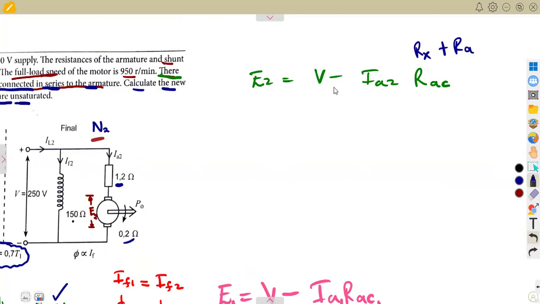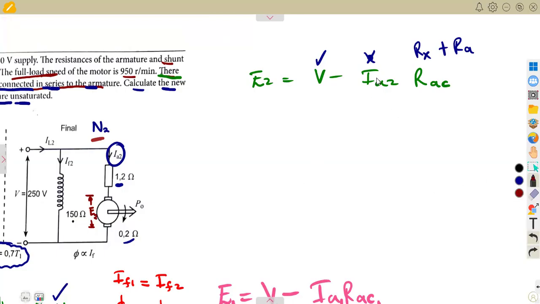But the question is, on this formula, do we have I2, the armature current 2? We do not have this one. This we have. We want to calculate E2. Definitely, we cannot have what we want to calculate, so you can just give the benefit of the doubt for now.